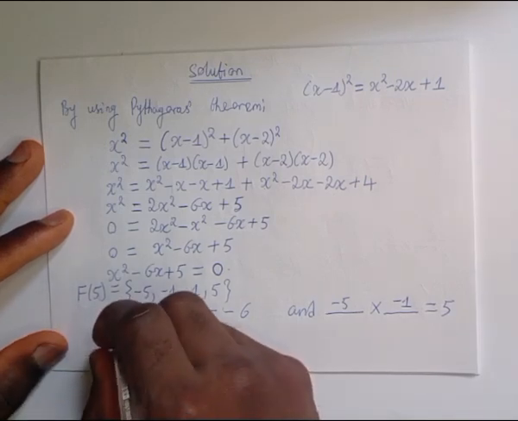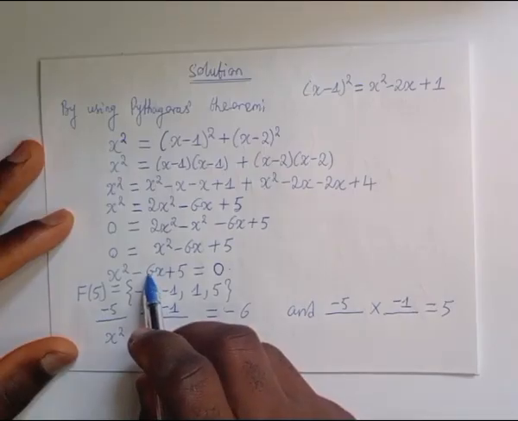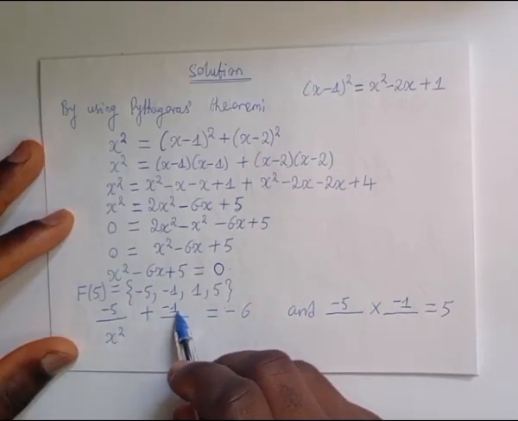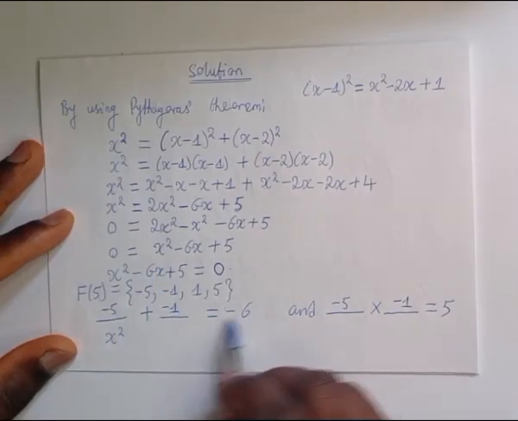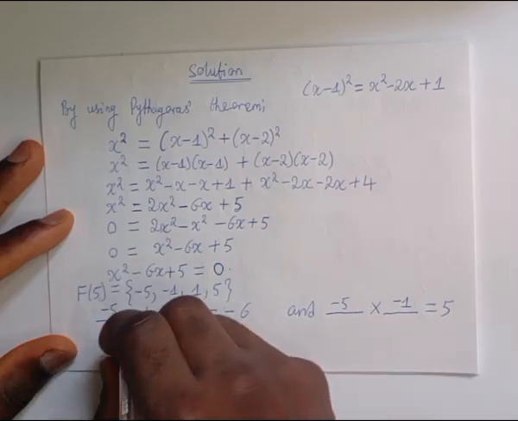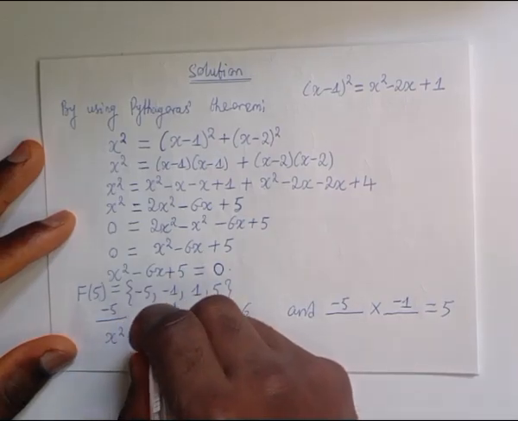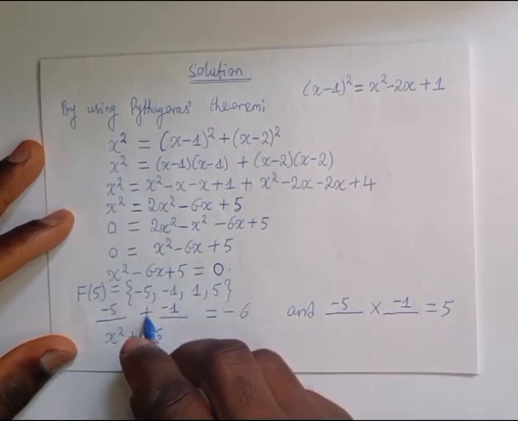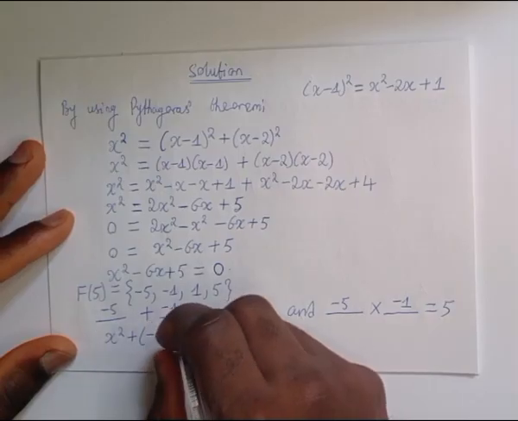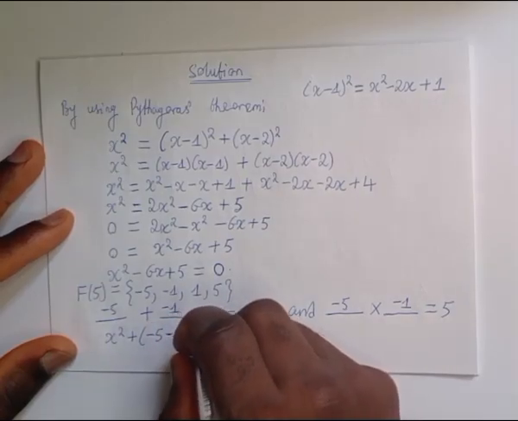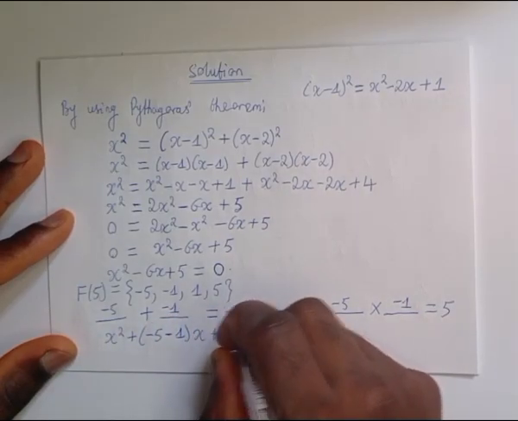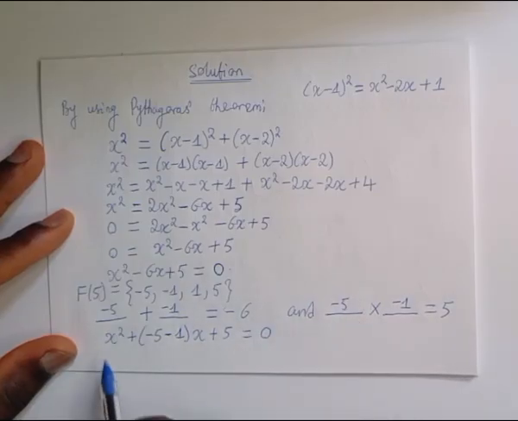This will give us x squared. We are going to replace -6 with -5 plus -1. Remember, this sum is equal to -6. This is x squared plus (-5 minus 1) times x plus 5 is equal to 0.